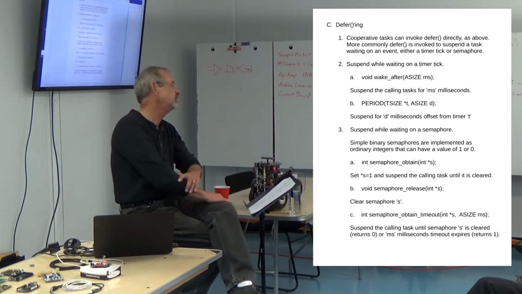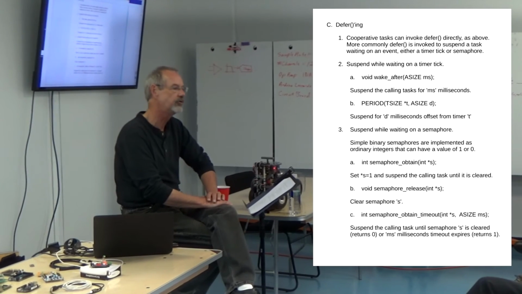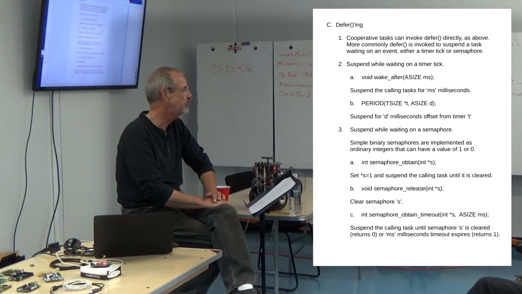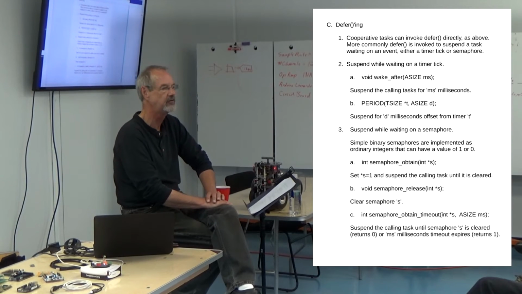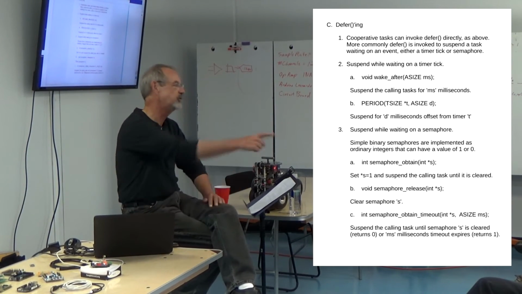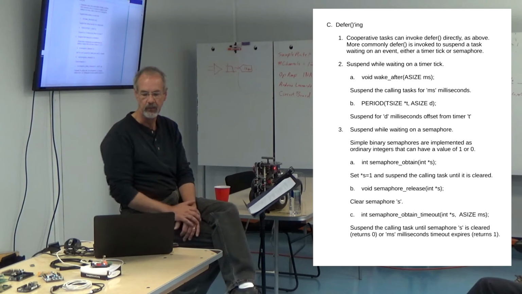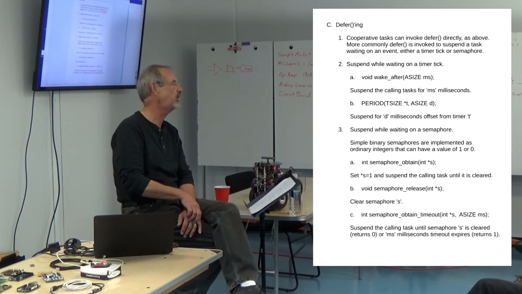The second group of doing this is to wait on a semaphore. In this implementation, semaphores are pointers to ordinary integers. And those integers are binary semaphores that can have a value of 0 or 1. The semaphore is actually the pointer to the integer. So we have our first example here. It's called semaphore obtain.